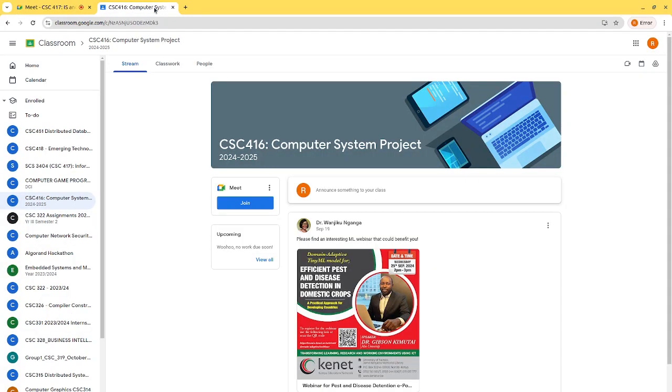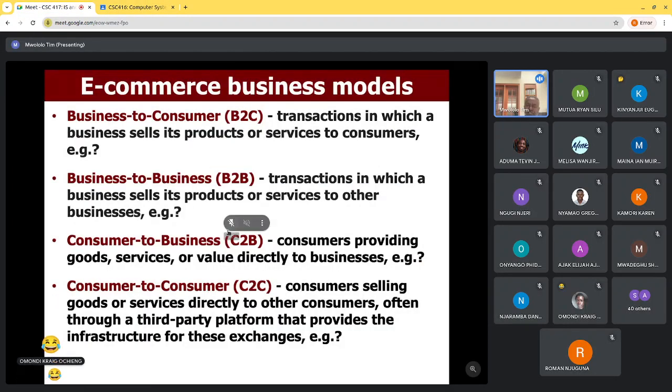At that time, we didn't have those kinds of platforms. Now I see students abroad selling their beddings, even used clothes and all kinds of things through a platform to other students. So this is C2C. There are many examples of that.